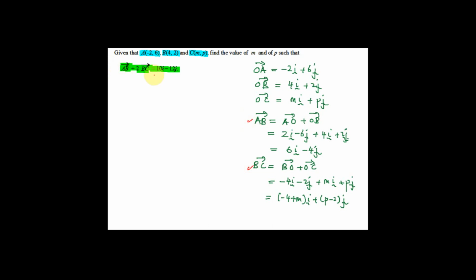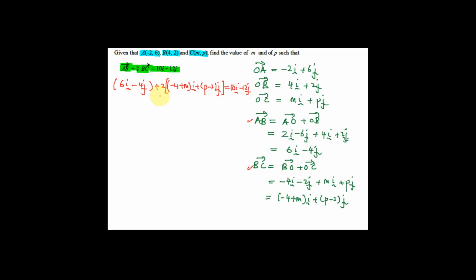Now you can substitute into this equation. Your AB should be 6i minus 4j plus 2 multiplied by the vector BC, which is negative 4 plus M i plus P minus 2 j, equal to 10i minus 12j.